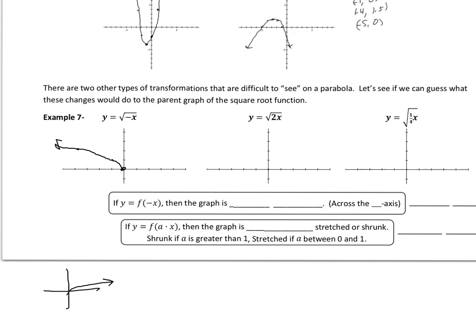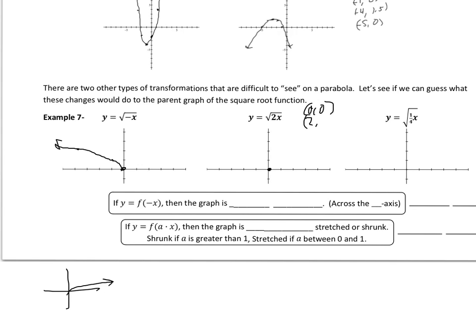Okay. All right. Now the 2 inside. What's that going to do? Well, let's plot a few points and see. So we know 0, 0. That one's obvious. Now, let's be smart about picking our x's. Let's say x is 2. What's y?